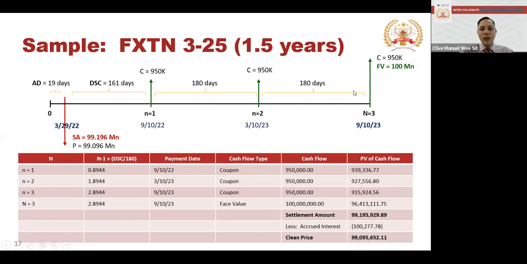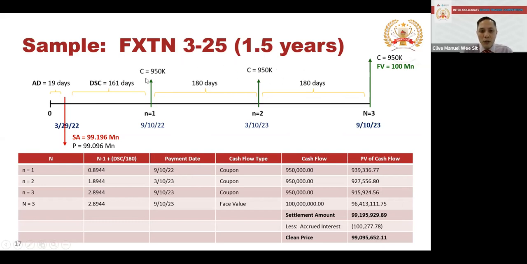So the first step, estimate the cash flows. We know that the bond is a 100 million face value bond with a coupon rate of 2.375%. If you use your formula, face value times coupon rate times 0.8 divided by 2, the semi-annual coupon is 950,000. So these are the estimated cash flows given the formula of how to compute for the coupon.